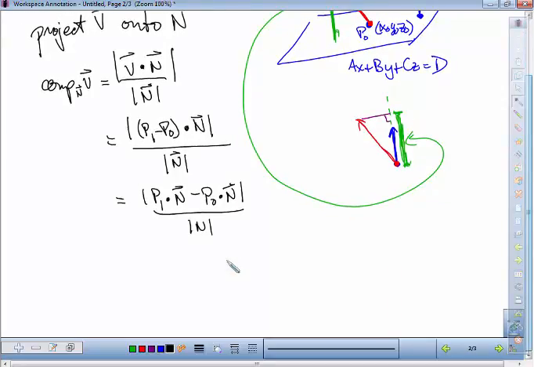And it turns out that P1 dotted with n can't really be simplified. So P1 dotted with n is just going to be A x1 plus B y1 plus C z1.